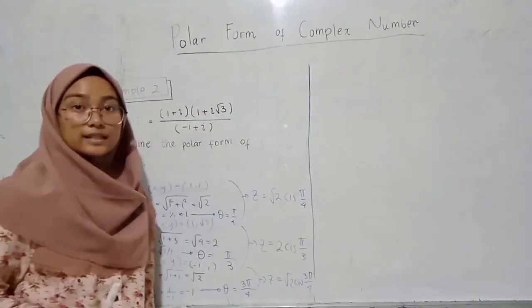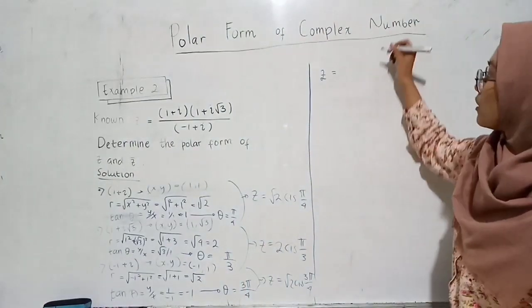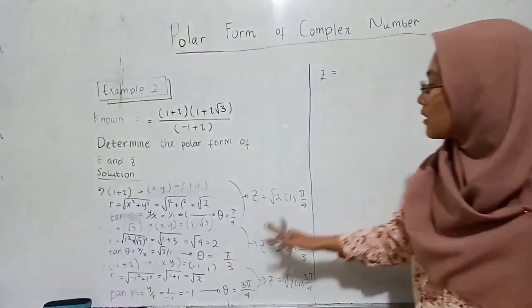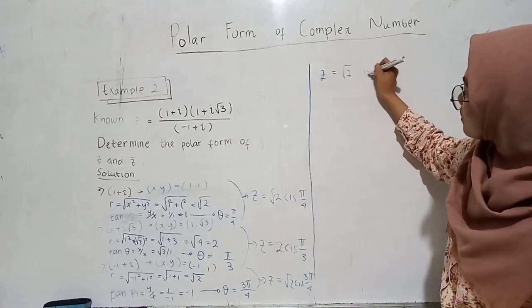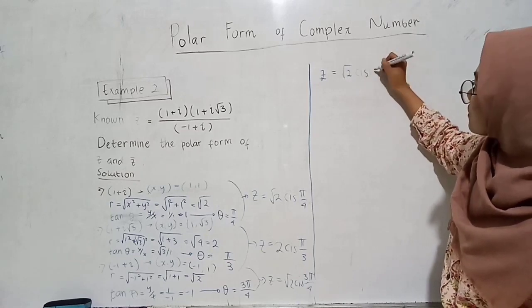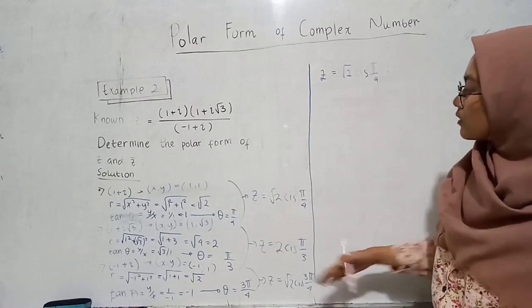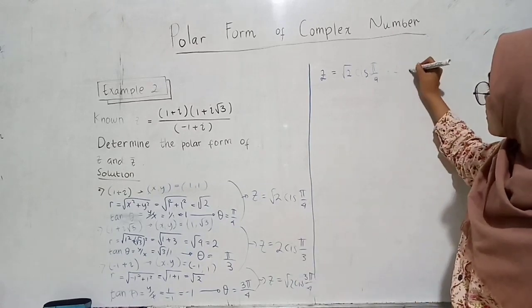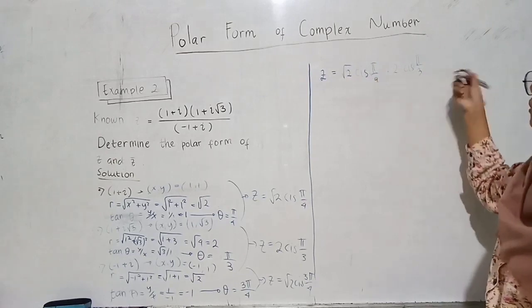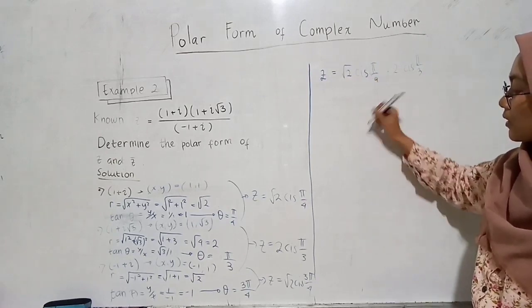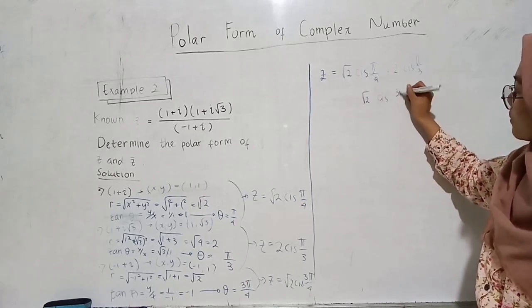After this, we reunite it again into z. z equals the first part, we change it to this one: √2 cis π over 4, times this one, 2 cis π over 3, over √2 cis 3π over 4.